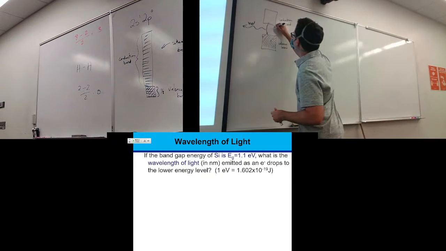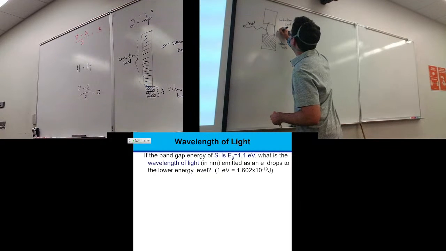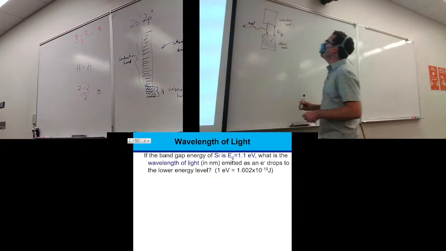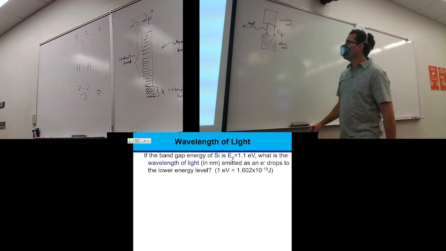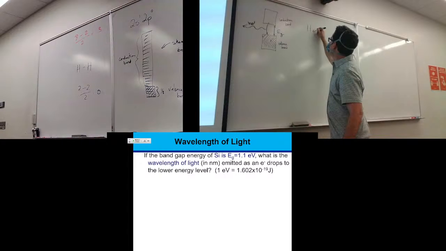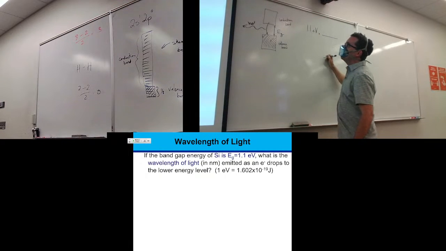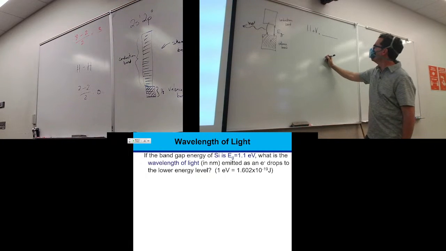Well, to know that, we need to know what the band gap is. What is the difference in energy between these two bands? So I've got it, it's 1.1 electron volts. So let's convert that to joules.